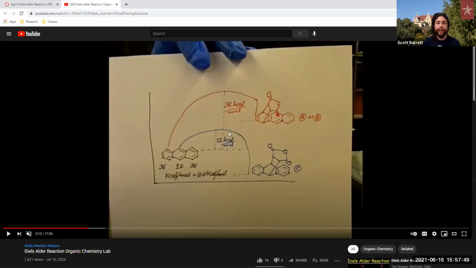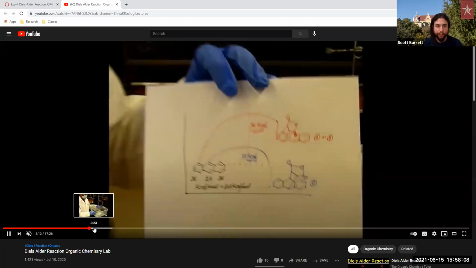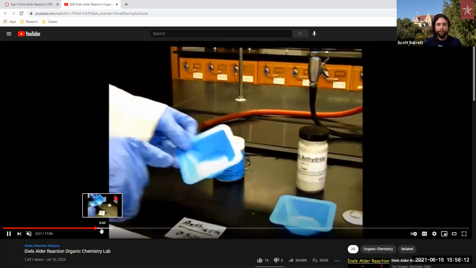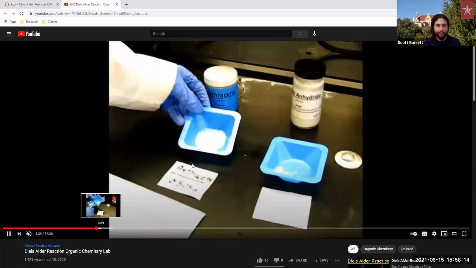But in this case, the activation energy is much lower for performing this Diels-Alder reaction in the center. So we would only perform it here in order to create what we want. This is just showing the activation energy requirement for a reaction to occur, and we can utilize that going forward into labs with different sorts of catalysts and such.